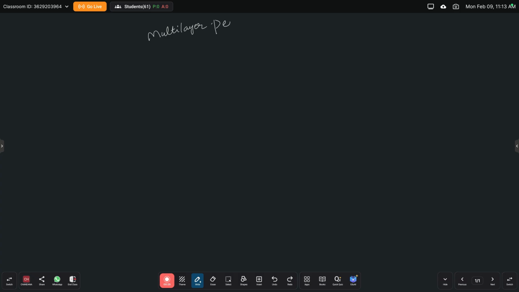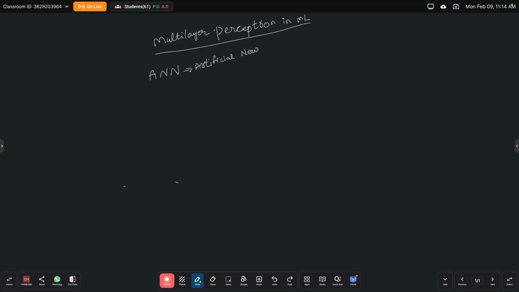Multi-layer perceptron in ML. ANN means artificial neural network.